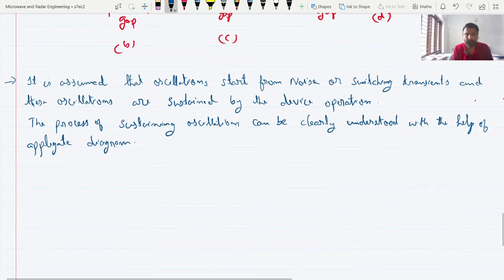That is shown in the figure. Just now I will explain to you how it goes.